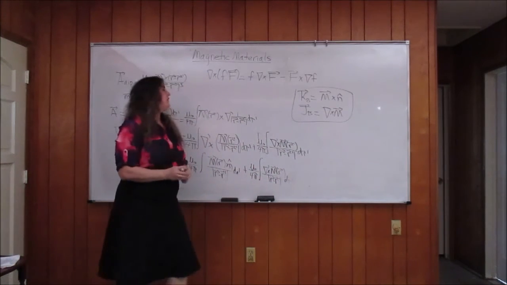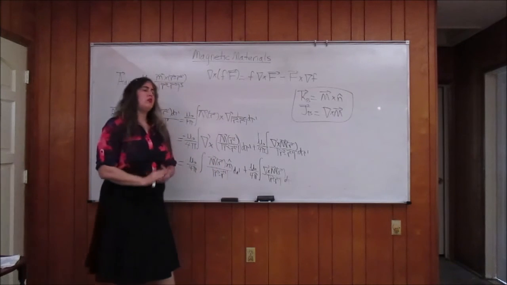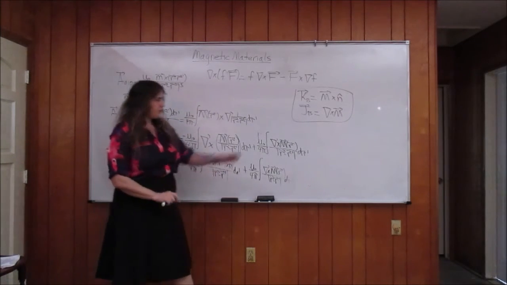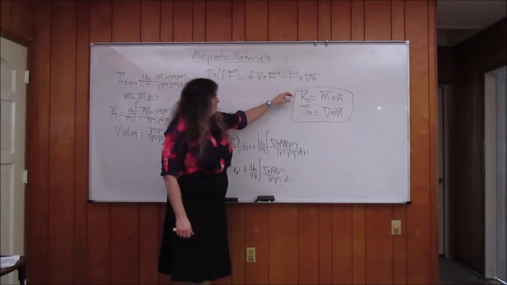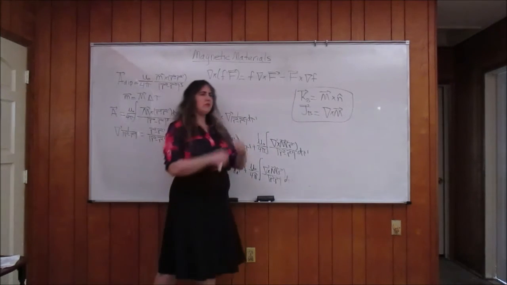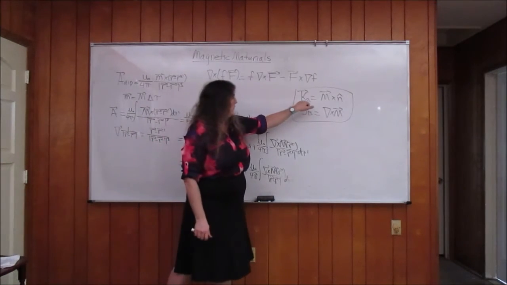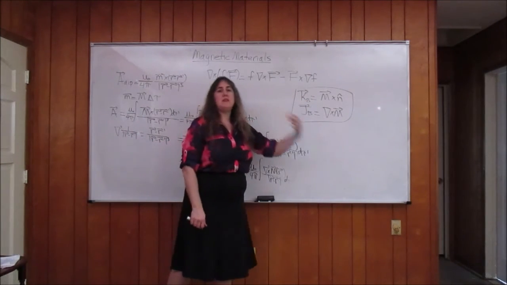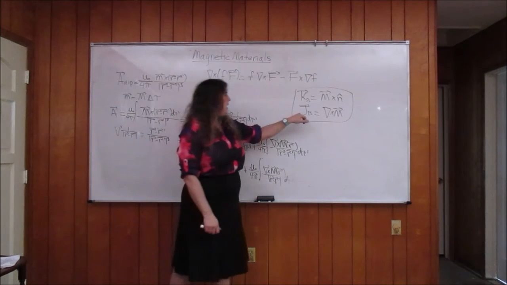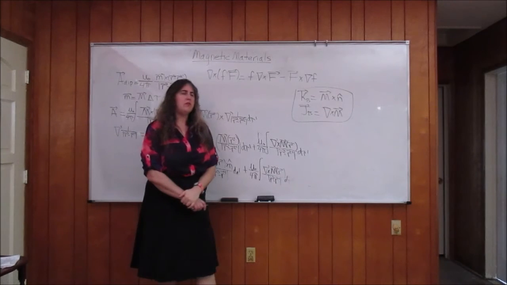So the whole point of this is that even though with magnetic materials there's no transport of charge involved, there's an effective current due to all those tiny little current loops. And that gives rise to a bound surface current density, bound indicating that there's no transport, and the bound volume current density, which is equal to curl of the magnetization.